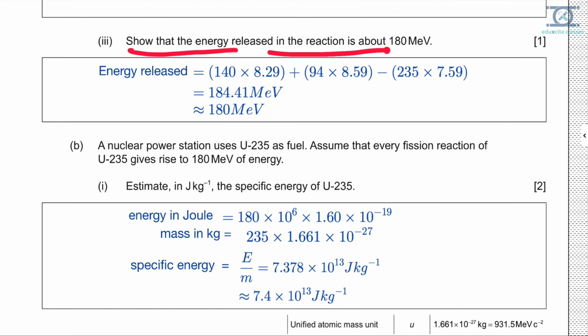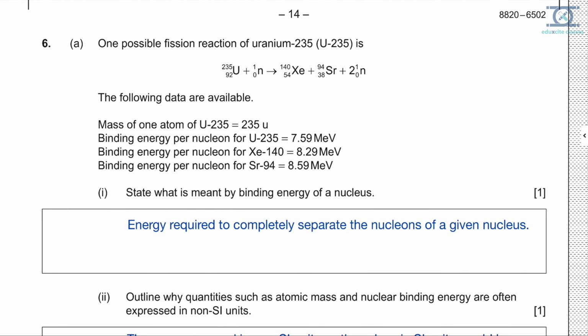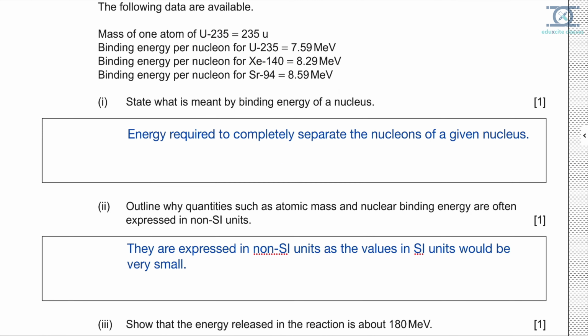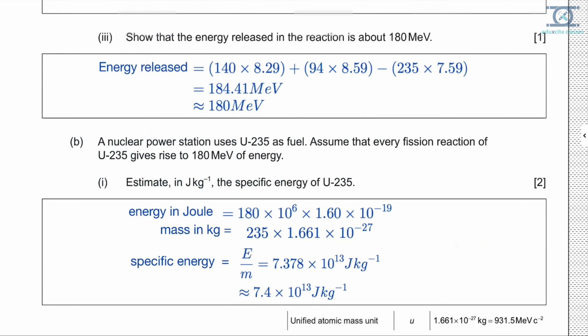Show that the energy released in the reaction is about 180 mega electron volt. We just have to use the data. The energy released will be 140 times 8.29 plus 94 times 8.59 minus 235 times 7.59, that is, the binding energy of the products minus the binding energy of the uranium.